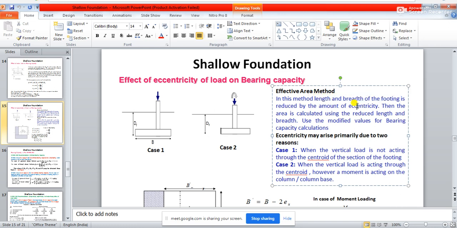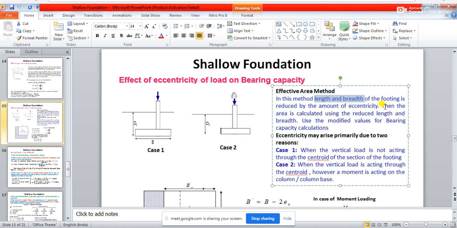The exact length and breadth of the footing will be reduced to take care of the effect of eccentricity. The footing length and breadth are reduced by the amount of eccentricity, and how much to subtract is specified in soil mechanics texts as well as in the Indian Standard Code IS 6403.